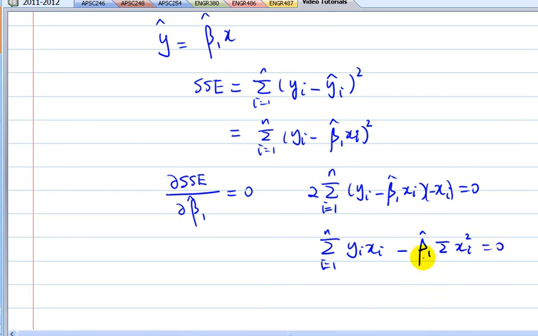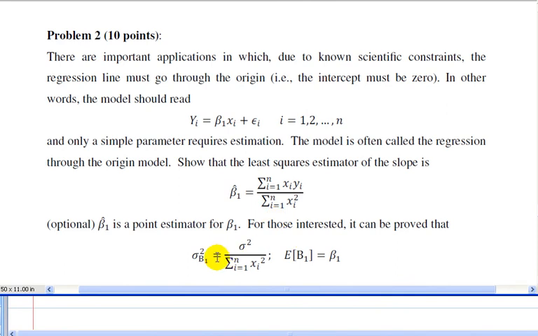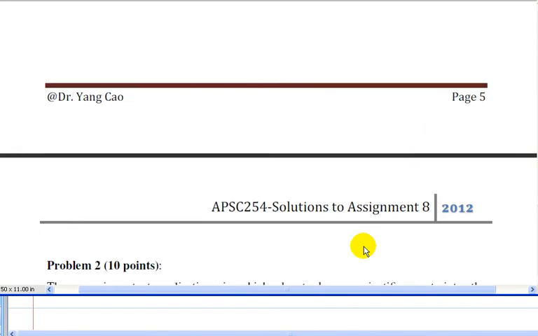Then you solve for beta 1 hat. So that's what it should be, and this should be the same as the answer here. Calculating this is optional, so you can take a look at the actual notes if you're interested.